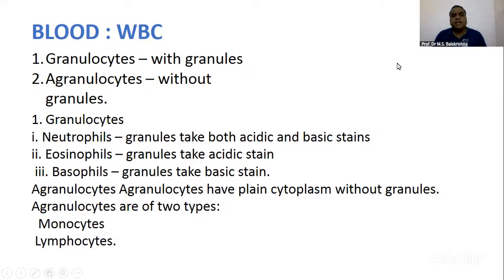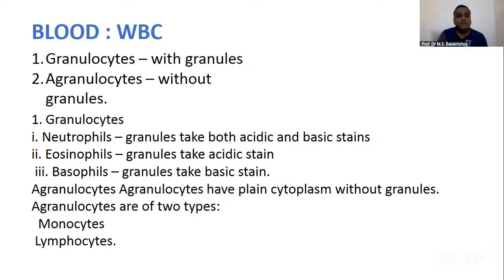Now coming to the next one, WBCs. Again, two types are there: with granules and without granules. With granules are called granulocytes, without granules are agranulocytes. Granulocytes are again three types: basophil, eosinophil, neutrophil. Which type of stains do they take? Neutrophils generally take both acid and basic stains, whereas eosinophils take acidic stain.